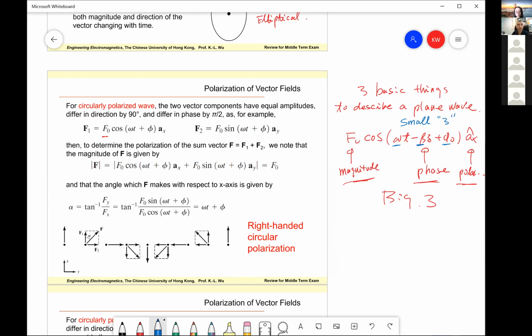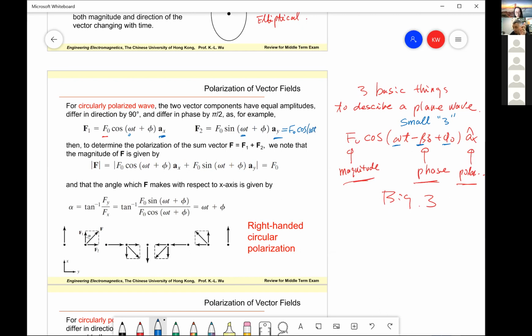And let's assume we have two plane waves propagating together. One is polarized in the X direction, one is polarized in the Y direction. They are all electrical fields, with the same frequency but a different phase. I rewrite this as cosine omega t.